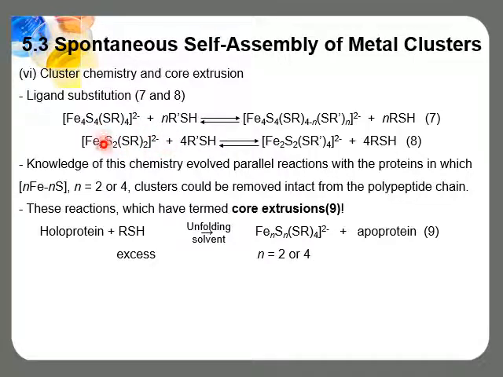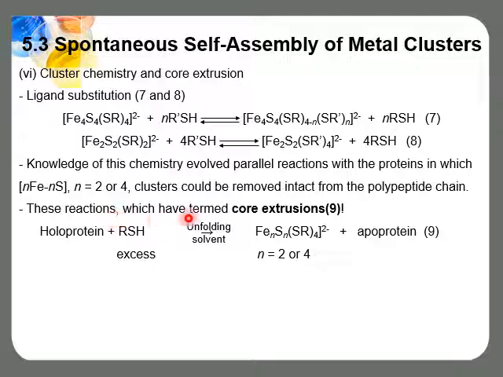Here is another example for the 2 iron 2 sulfur cluster. Also these thiolates are tethered to the protein part and these thiolates are from the solution. So the exchange between the solution thiol and the protein thiol results in the extrusion of the iron-sulfur cluster from the protein to the solution part.